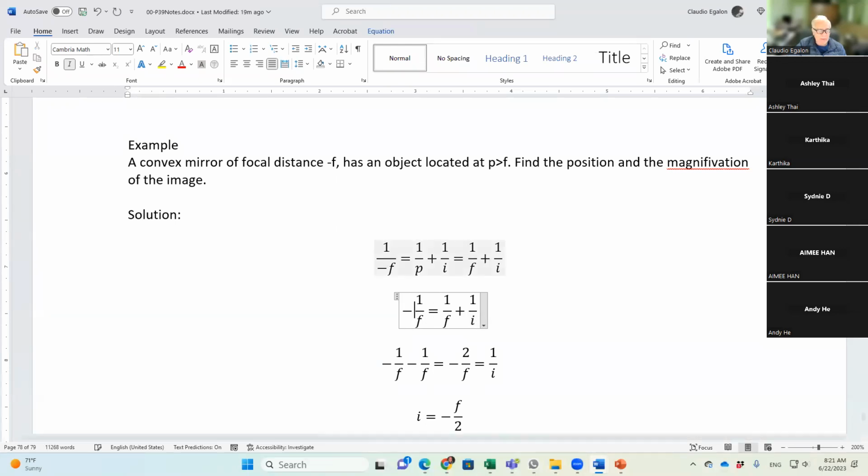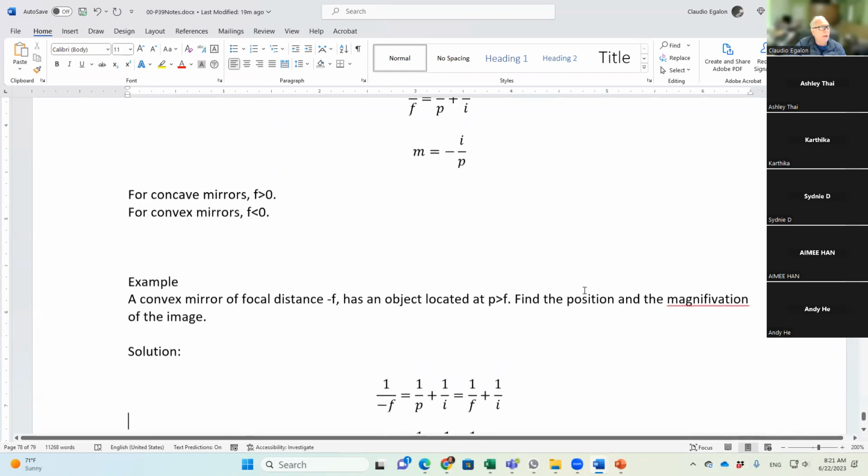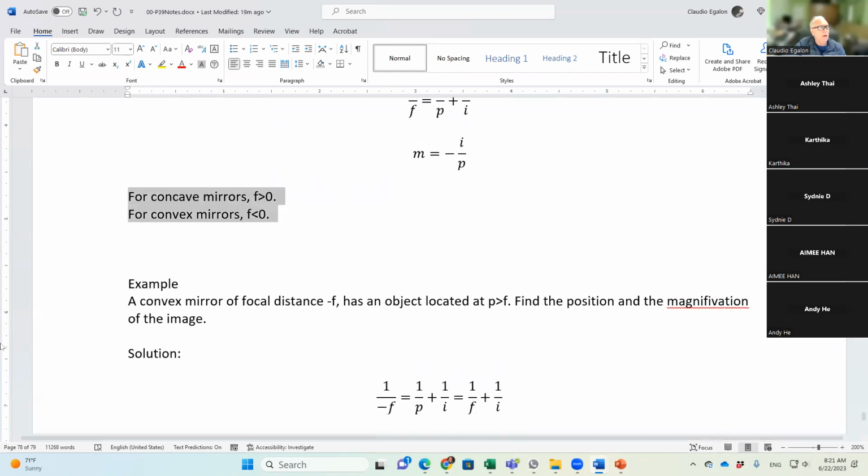That would give you a hint that there is something wrong with the setup of your equation. But what you have to remember is those two items here. Concave mirrors, F greater than 0. Convex mirrors, F less than 0. Okay, that's the point that you have to remember.